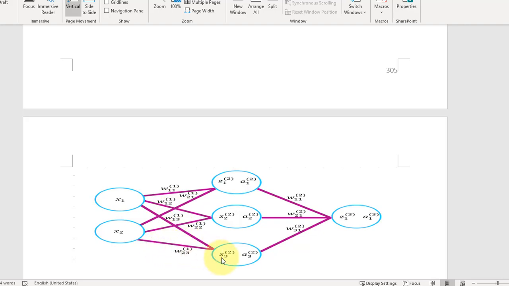So they may reverse the indices. So W32 in their terminology would be the weight that goes from here to here, the same weight, but they may reverse the indexing. So in this text, we're using 2, 3 to say that it originates at 2 and ends at 3.